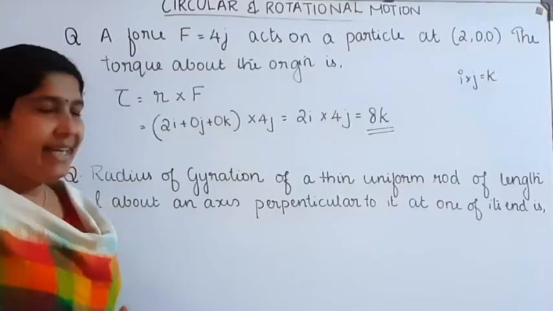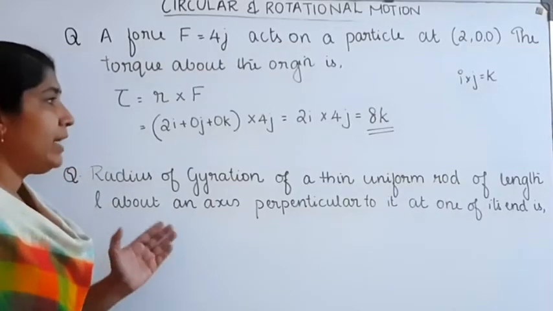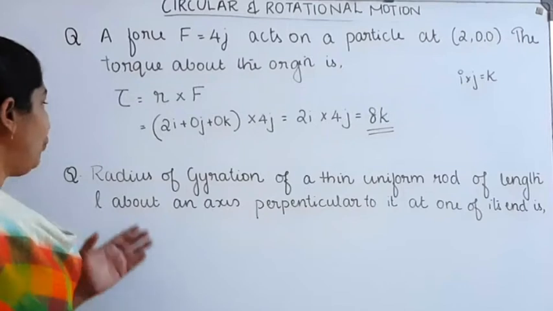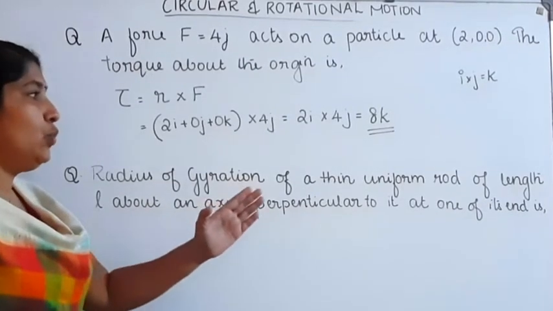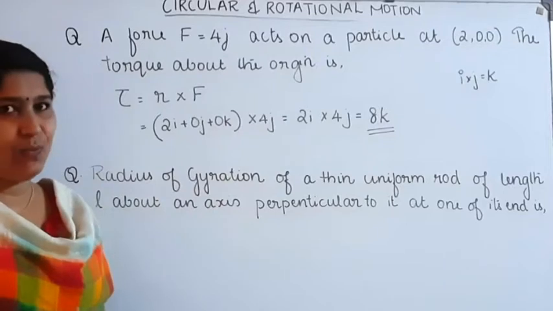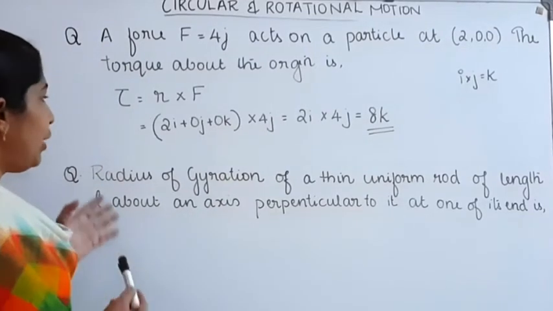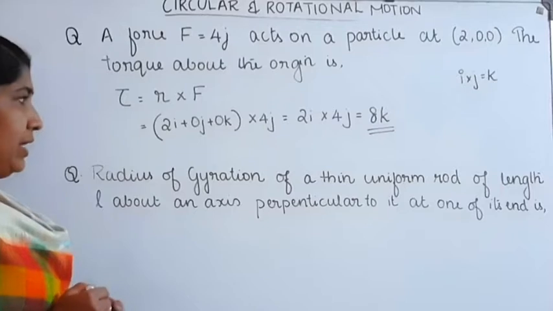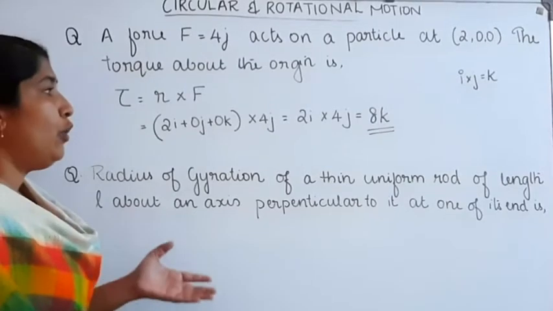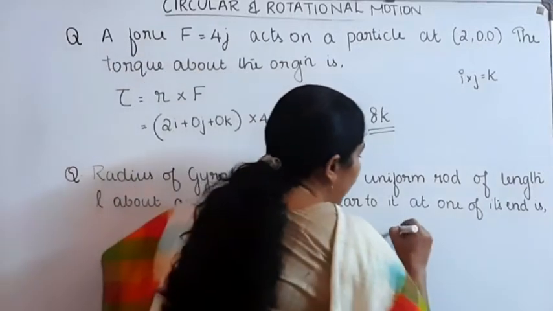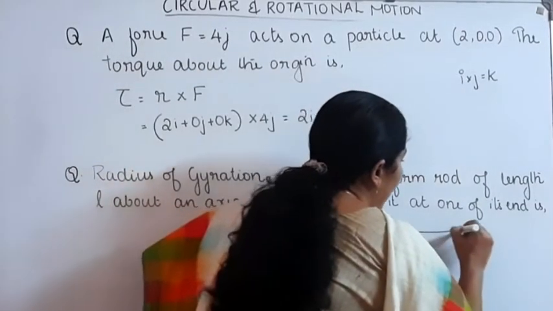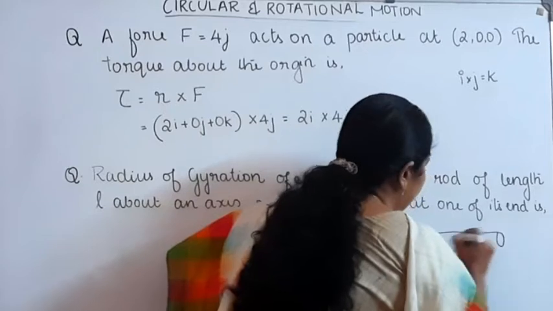Second question: the radius of gyration of a thin rod of length L about an axis perpendicular to its length is. Here we want to find the radius of gyration. A uniform rod of length L is given.